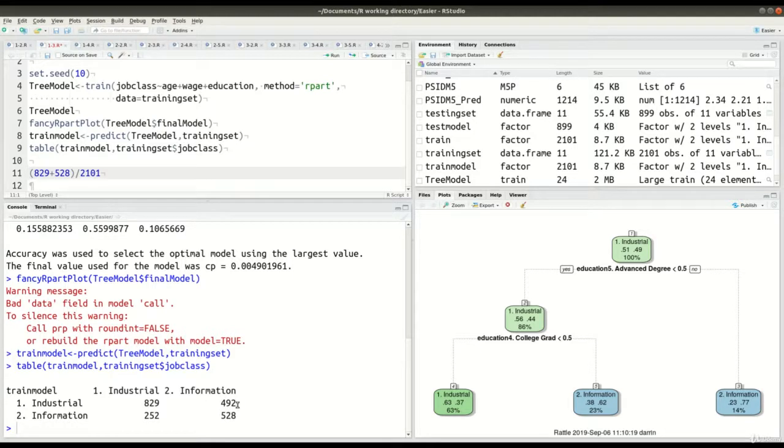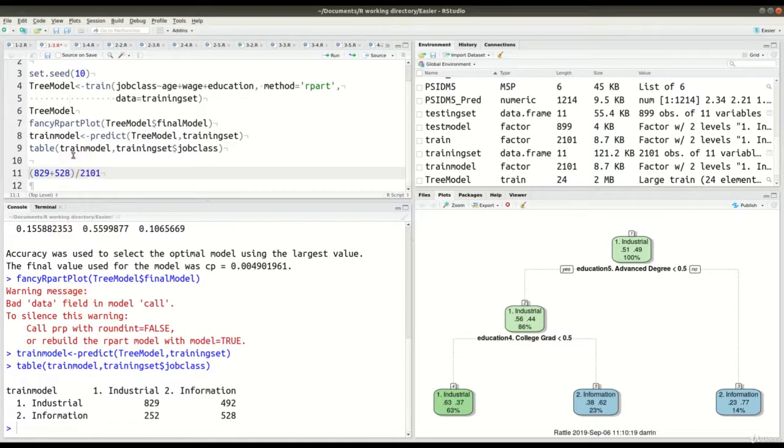And then of course you have the misclassification. So they're classified as industrial, but predicted as information, classified as information, but labeled as industrial. So you can see that we have some problems here with these off diagonals. This is where we're having our error. And this is why our accuracy is so low.